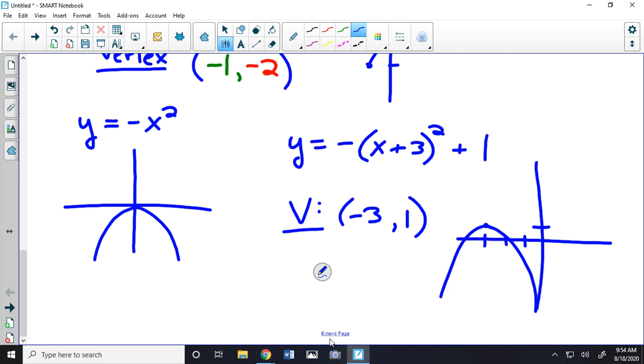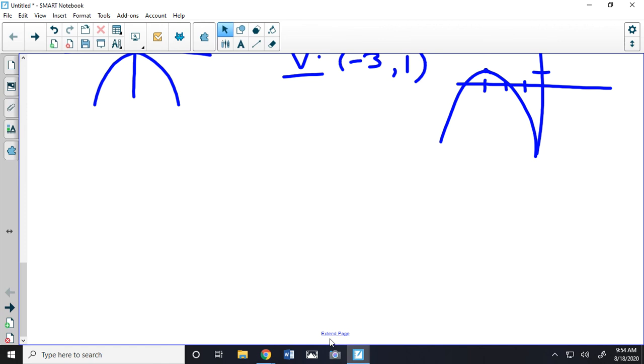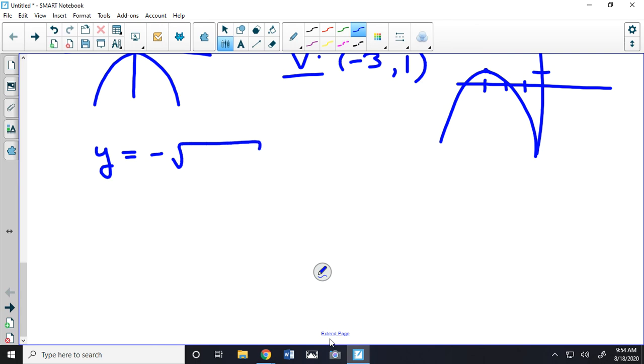Okay. Let's look at one more. Let's go negative square root of x plus 2 plus 3. So the vertex is going to be at -2, +3.